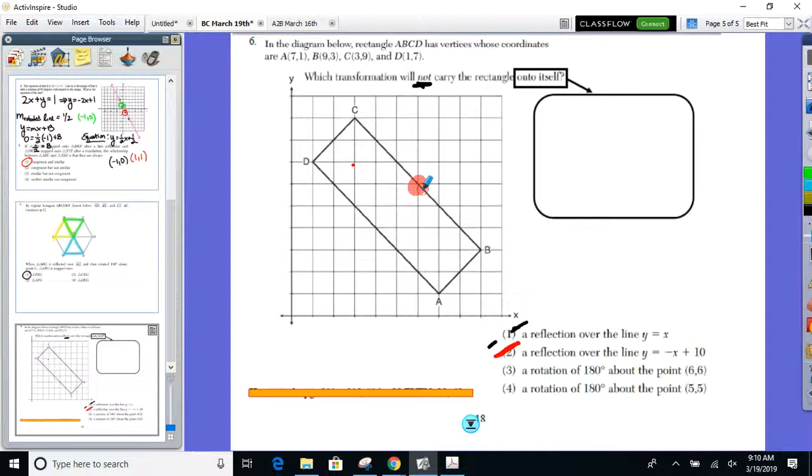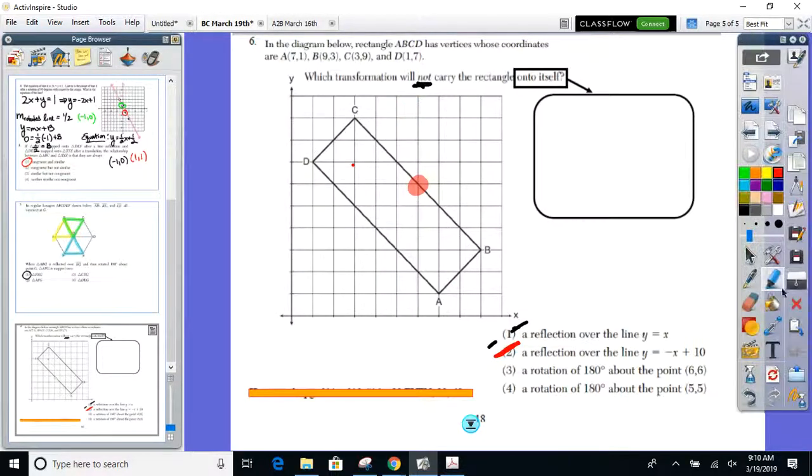Well, everyone agree C and B are just going to flip-flop. 180, they're just going to go on the other side. What's the problem? D and A are not going to flip-flop on each other. D is going to go somewhere over here. 180 is on the direct other side, correct? So D is going to go somewhere over here, and A is going to go somewhere over here. That's not going to map it onto itself.